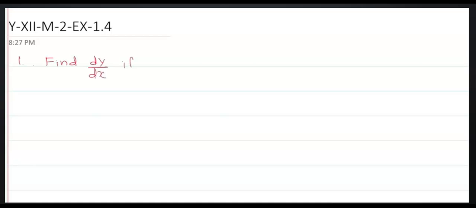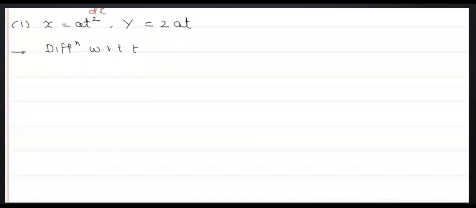First, find dy by dx. If x is equal to a t square, y is equal to 2at. Therefore, dx by dt is equal to 2at. dy by dt is equal to 2a, the derivative of t is 1.